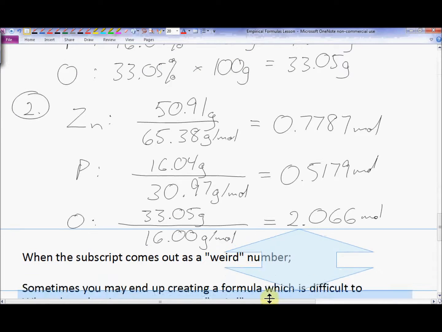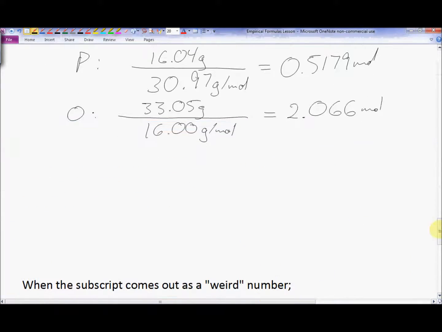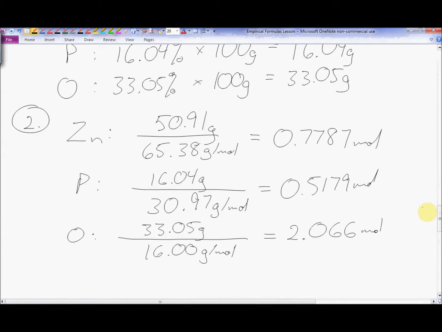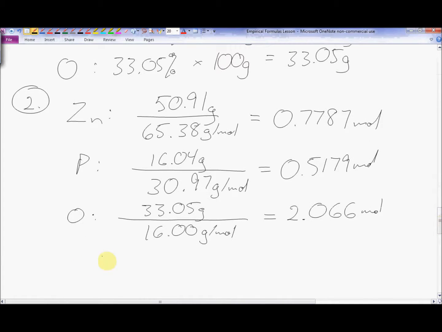Okay, so basically, now that we have those amounts of moles, to start to set up our empirical formula, we can write down that the formula is going to be something like zinc 0.7787, and we normally wouldn't want to do this. We want whole numbers as our subscripts for a formula, but for now this is fine. Zinc 0.7787, phosphorus 0.5179, and oxygen 2.066. So those were the mole numbers that we just calculated.